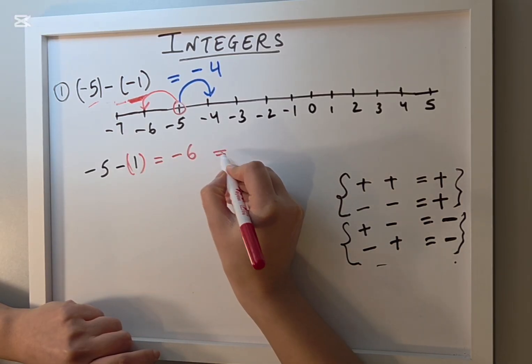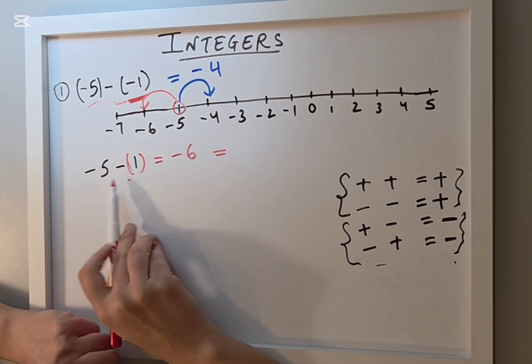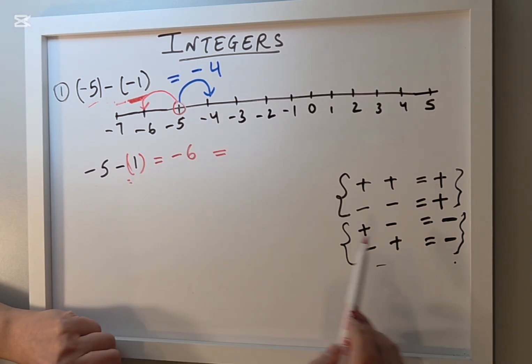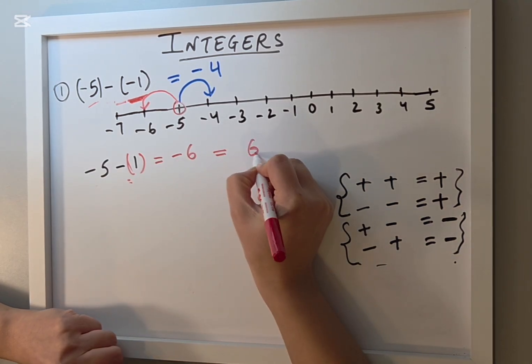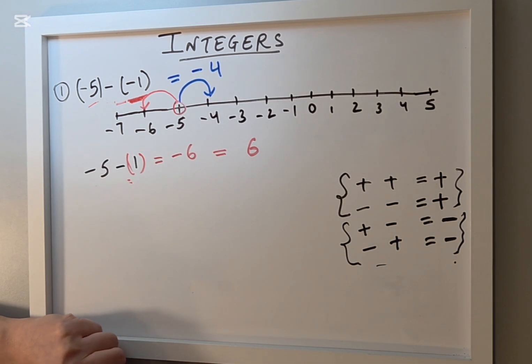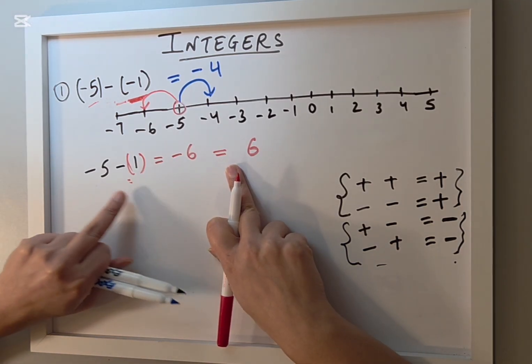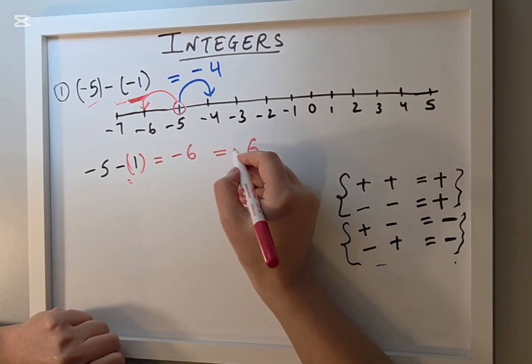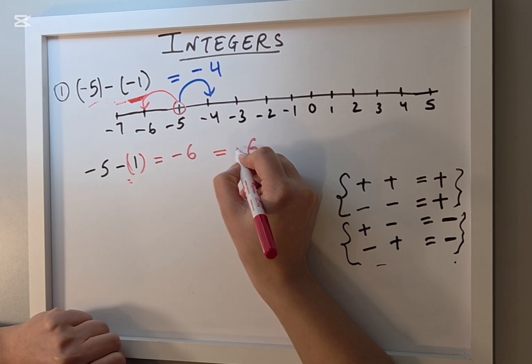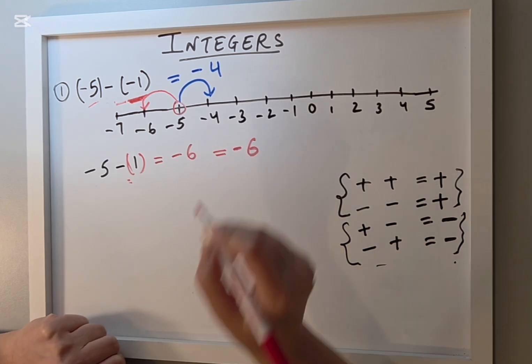So in this case, we had minus minus. So minus minus becomes plus, so we add the numbers. 5 plus 1 is 6. And what will be the sign? The sign will be of the bigger integer. So 5 is greater than 1, so it will be the sign of the bigger number, that will be minus.